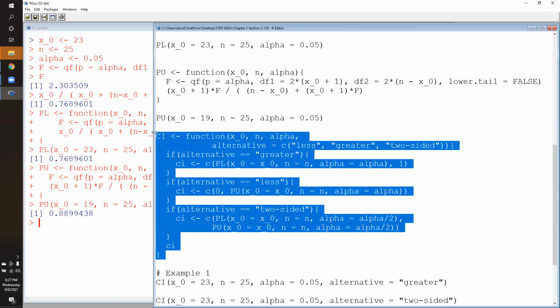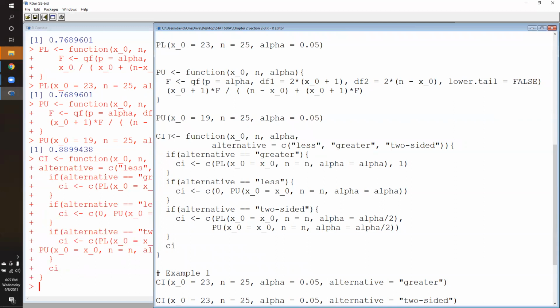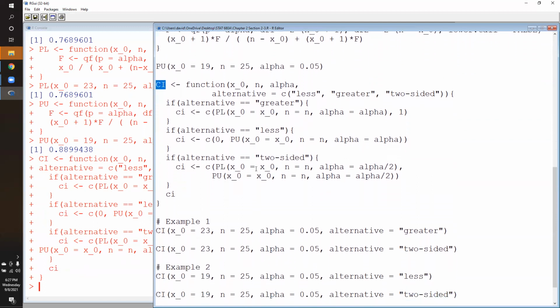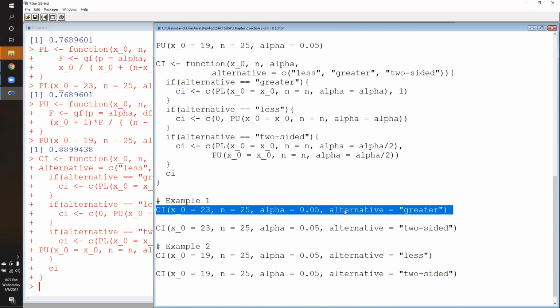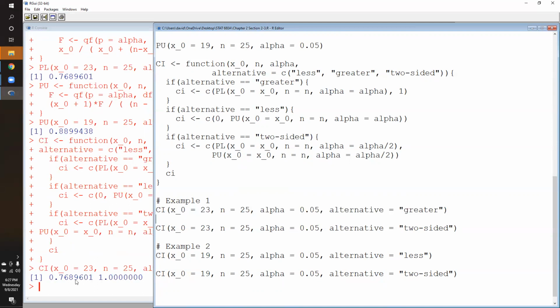So I can run this code. And now CI is a function available to me, which I made, which is really nice because we have the examples where we saw 23 successes out of 25, and we want to get a one-sided confidence interval using a greater than test.